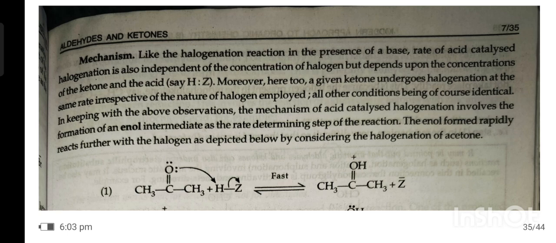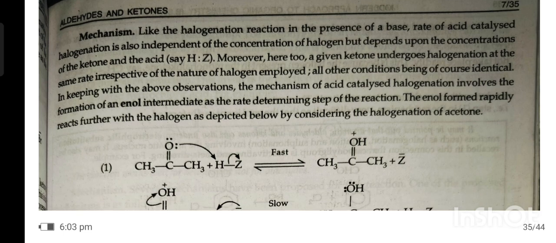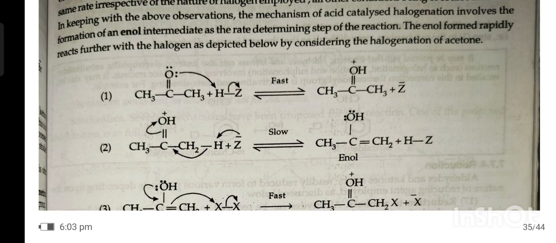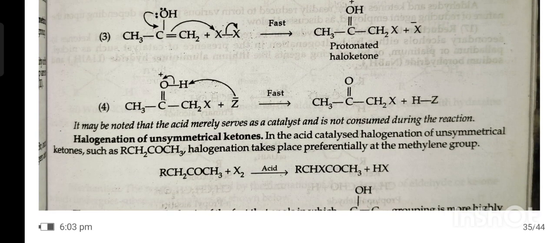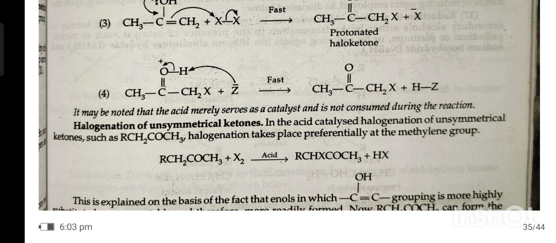In keeping with the above observations, the mechanism of acid catalyzed halogenation involves the formation of an enol intermediate as the rate determining step of the reaction. The enol formed rapidly reacts further with the halogen, as depicted below in considering halogenation of acetone. It may be noted that the acid merely serves as a catalyst and is not consumed during the reaction.